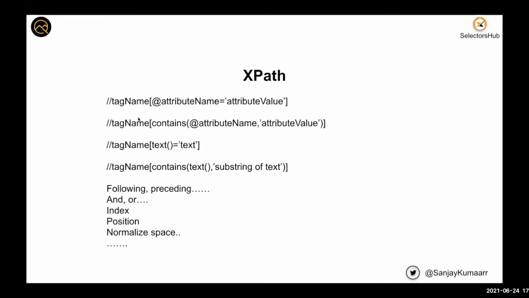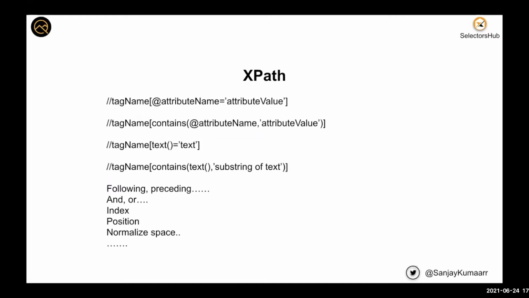Good. You can also learn double forward slash tag name contains at the rate attribute. So you can learn a few methods from someone, a book, or a blog, but we cannot learn all the functions.